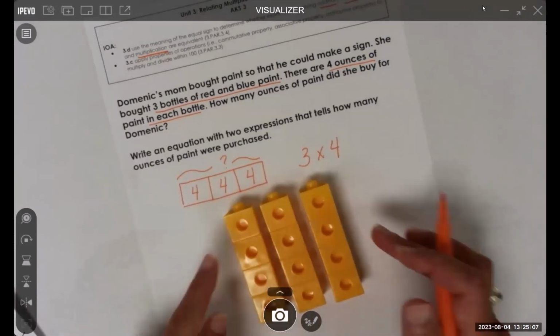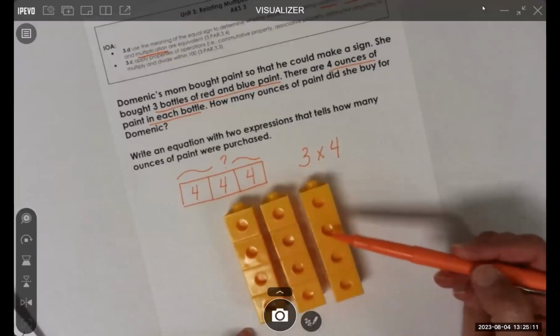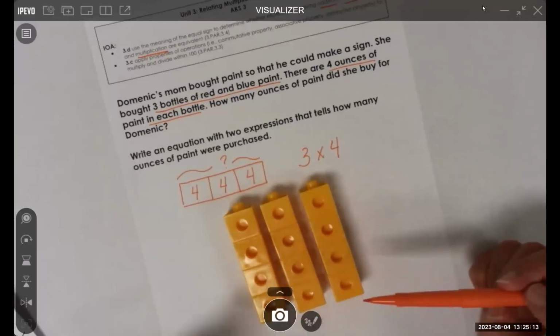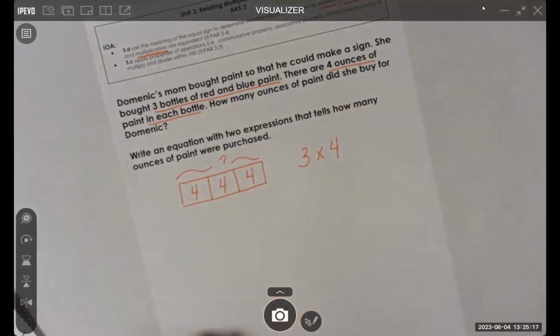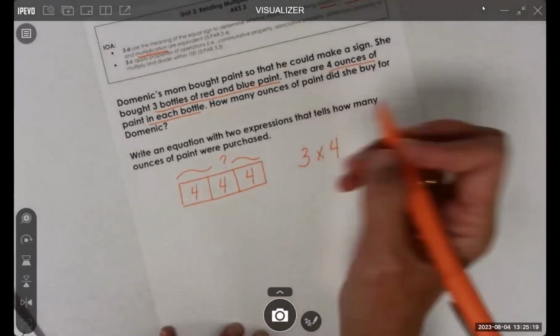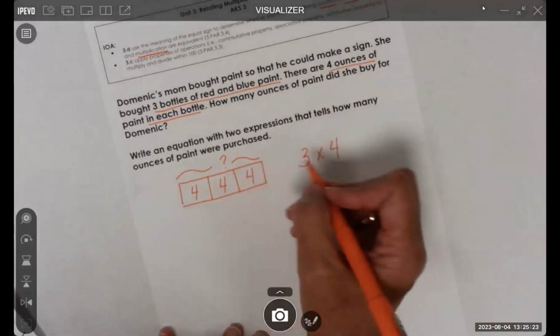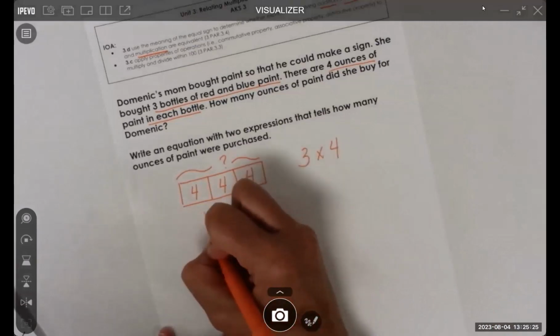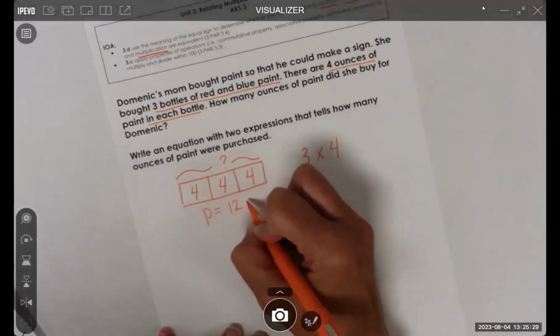Here I can see that there are 12. 1, 2, 3, 4, 5, 6, 7, 8, 9, 10, 11, 12. 4, 8, 12. So I know, first of all, that there are 12 ounces of paint. So I know this unknown here, and I'm just going to use P for my unknown, is 12 ounces.